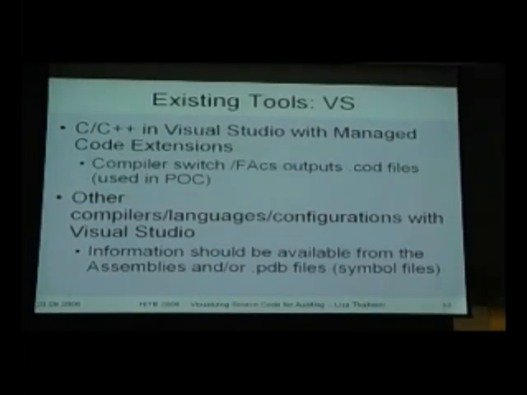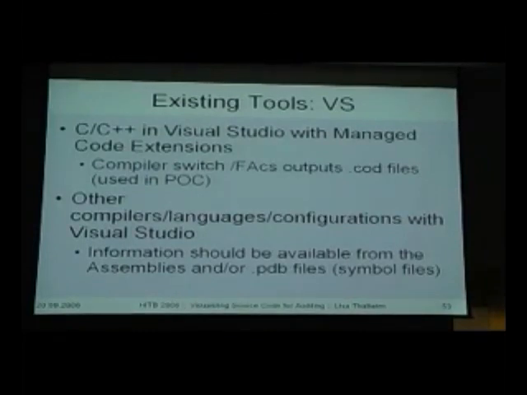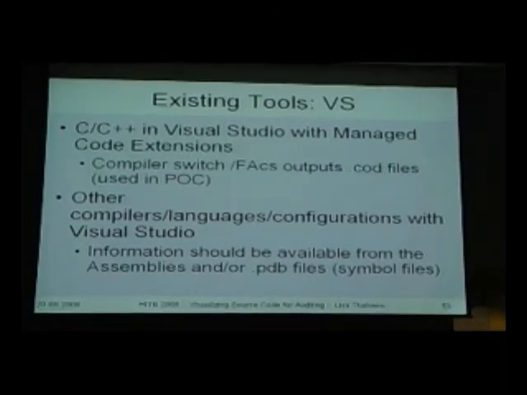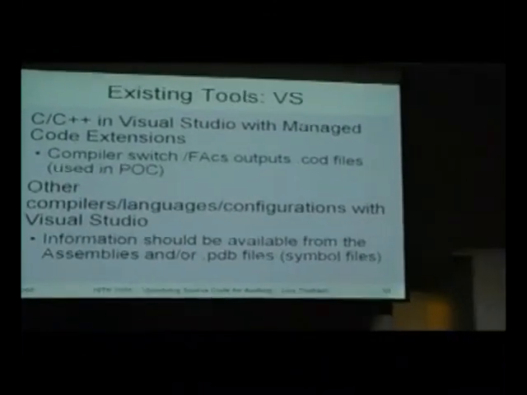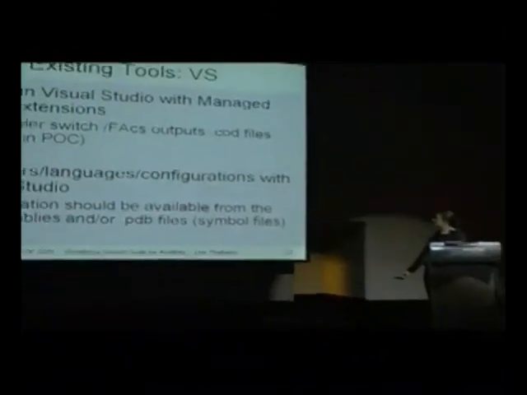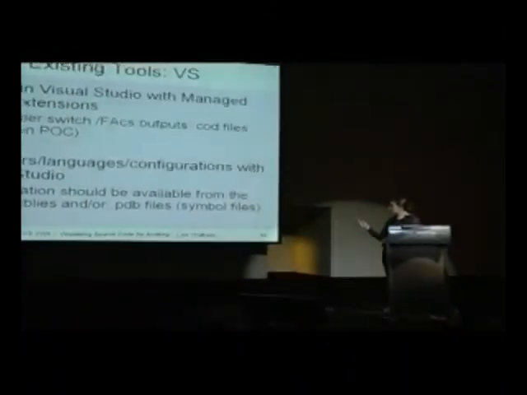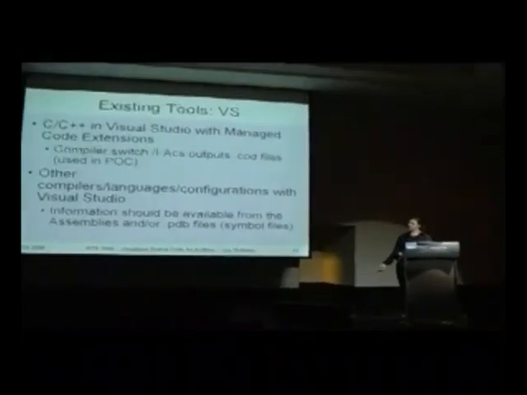Other compilers and configurations are also possible, but I haven't looked into that yet. And in theory, all the information you need should also be in the assemblies or the PDB files, but yeah, another time. If somebody feels like coding, no, probably not.